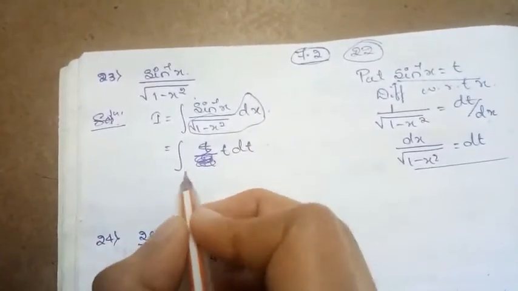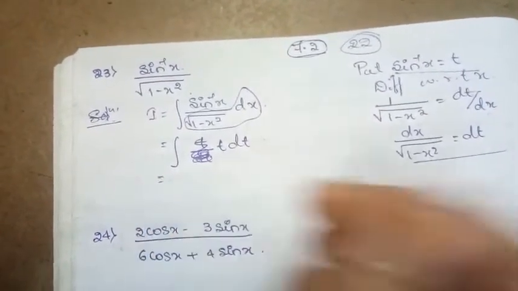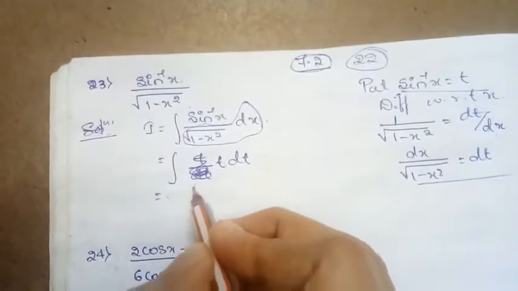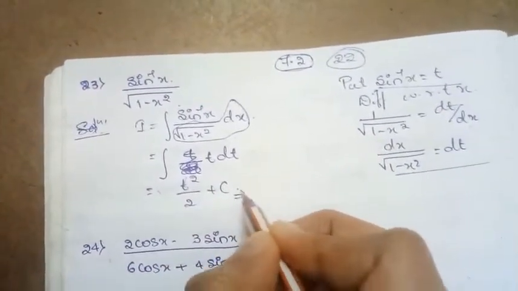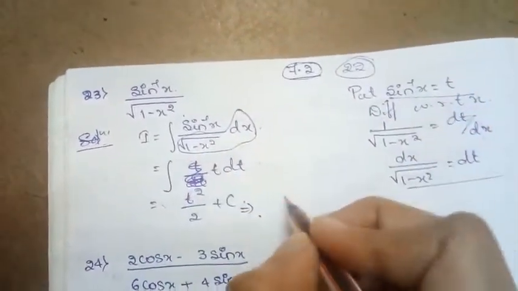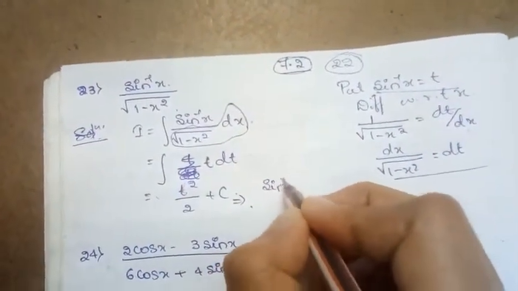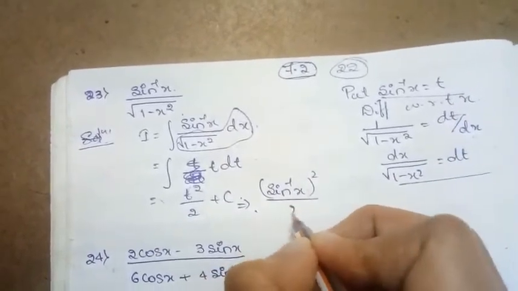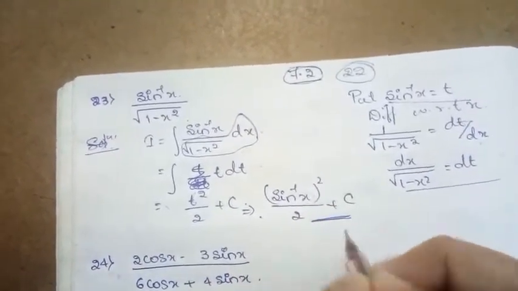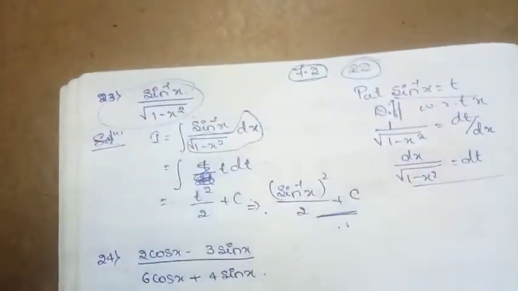The integration of this is t square divided by 2 plus c. What is the value of t here? The value of t is sine inverse of x, so it is (sine inverse of x) whole square divided by 2 plus c. This is the integral of the given question.